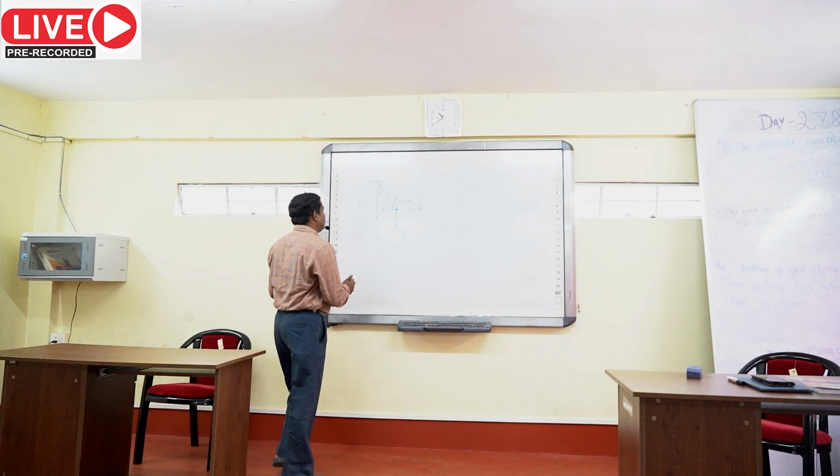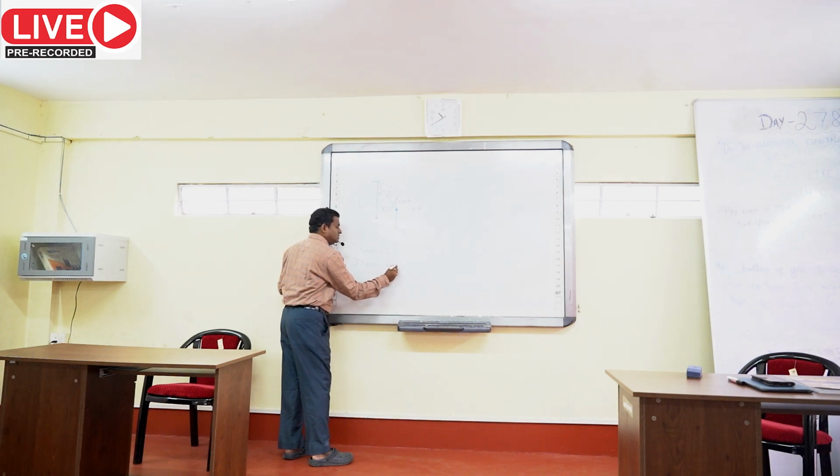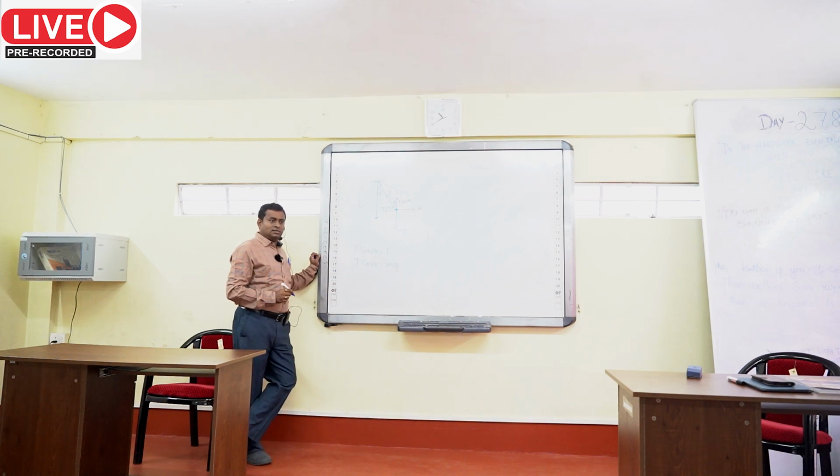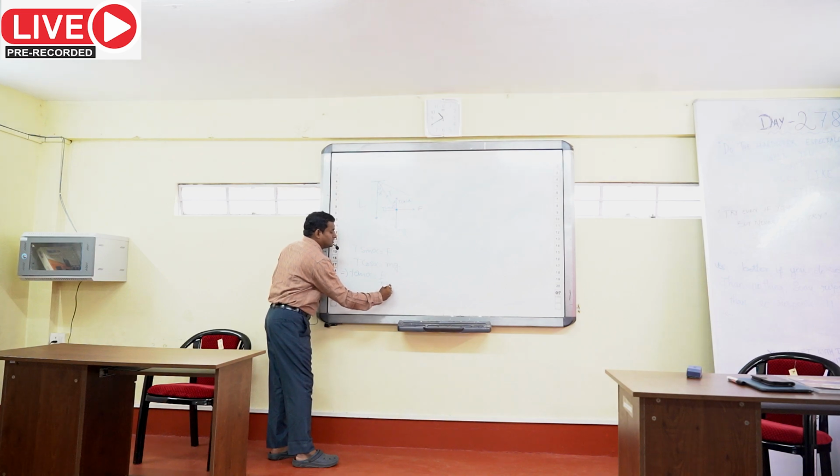So net force being 0 will give you T sin alpha equal to F and T cos alpha equal to mg. Now dividing these two, we get tan alpha equal to F by mg. Then F equals mg tan alpha.